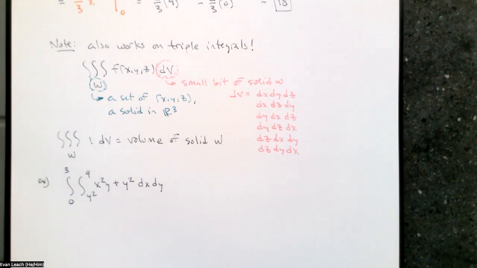The idea was that we could do the integrals in pieces. We can iterate the integrals. So these double integrals set up this way with a dx dy or a dy dx are iterated integrals.